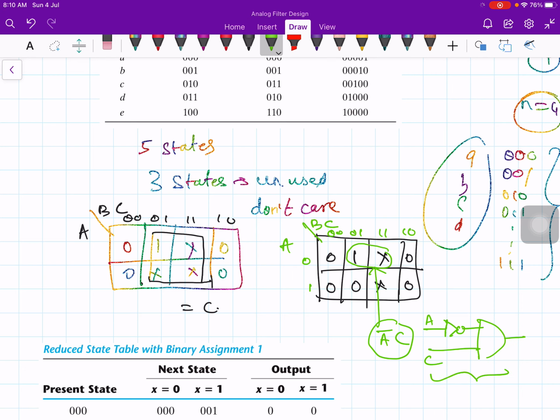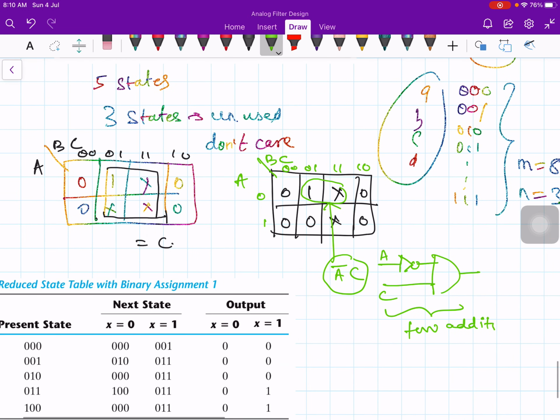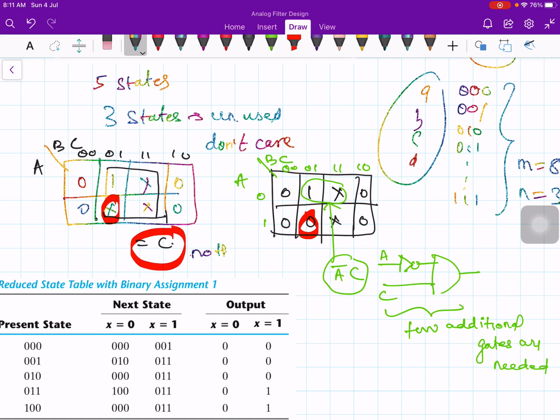So two additional gates are needed. Two additional gates are needed to realize this, because of this guy. So you don't need any gates here, nothing is needed here, but here I need two extra combinational circuit gates.